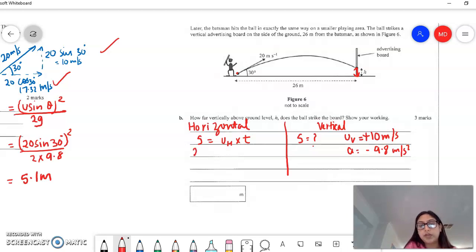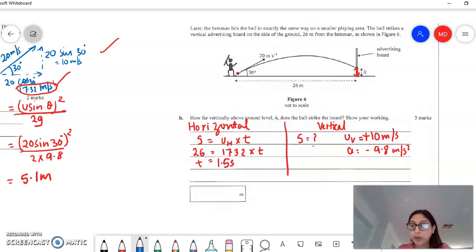We know it has traveled 26 meters horizontally, and the initial horizontal speed is 17.32. Using that, you can find the time taken by the ball to hit the board, which I've calculated, and it is 1.5 seconds.